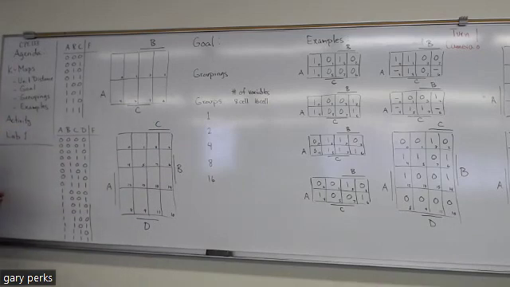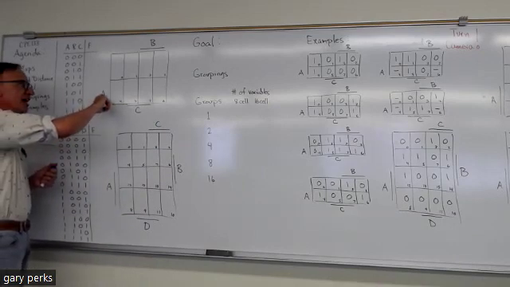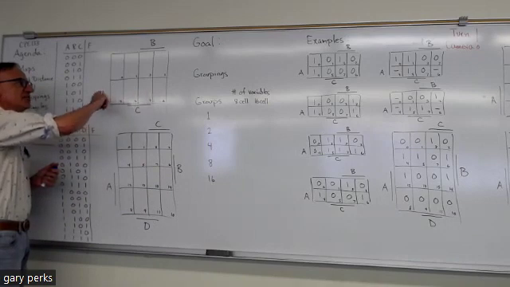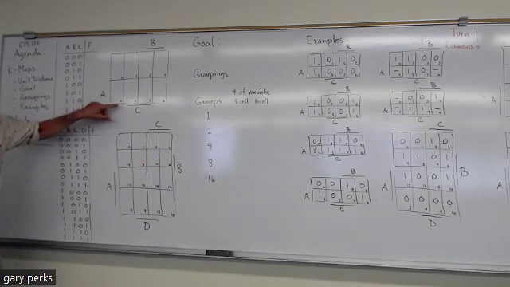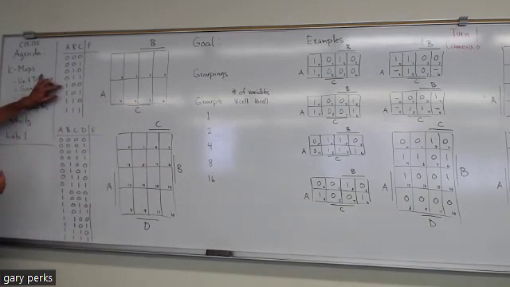Well, the reason why is, if we look at this row here, this 8 cell that has an A, look at the indexes that are in that row: 4, 5, 7, 6. And now look at the truth table for 4, 5, 6, 7, these 4 right here. A is equal to 1 for all those indexes.